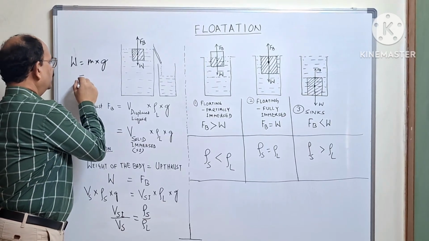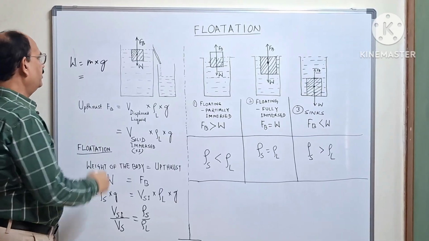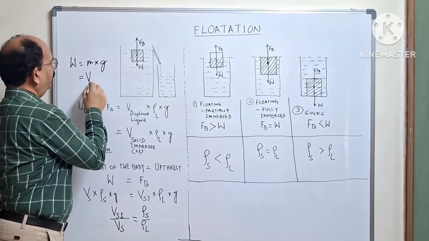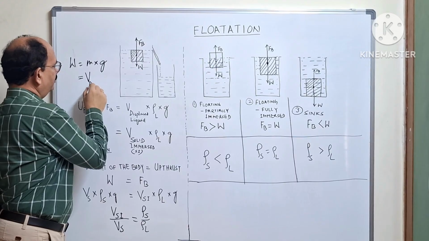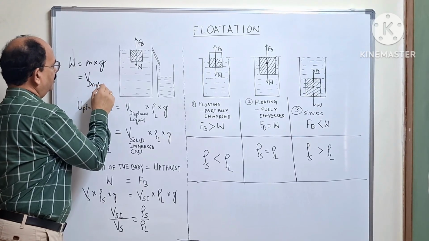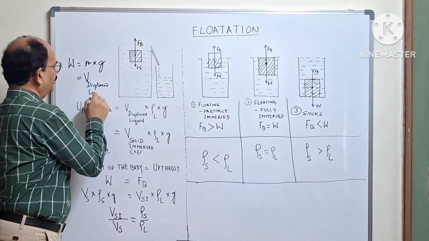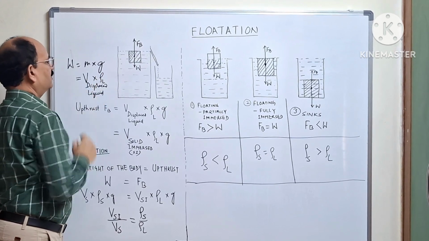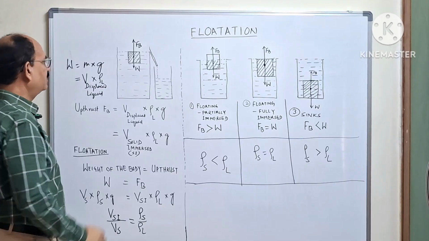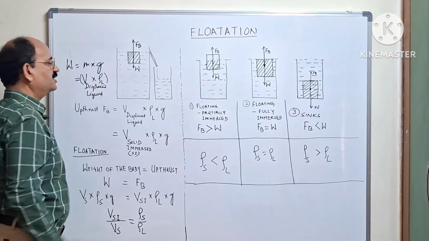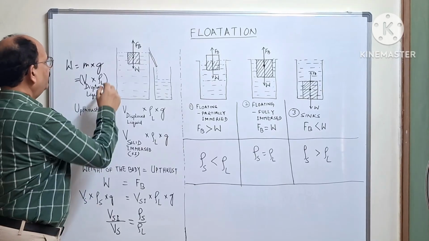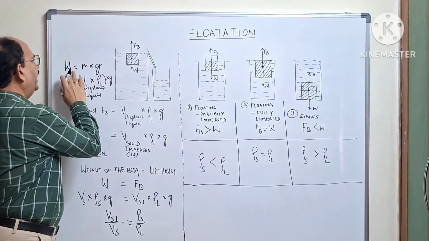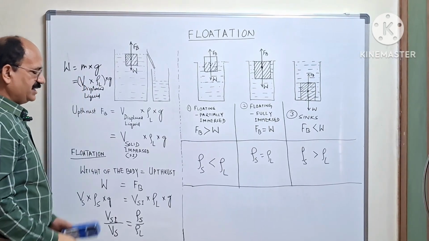So the mass of the displaced water can be found as volume of the displaced liquid multiplied by the density of the liquid. Okay, that will give us the mass of the displaced liquid. And if we multiply that with acceleration due to gravity, that will give the weight of the displaced liquid.